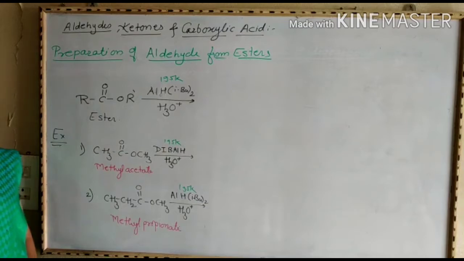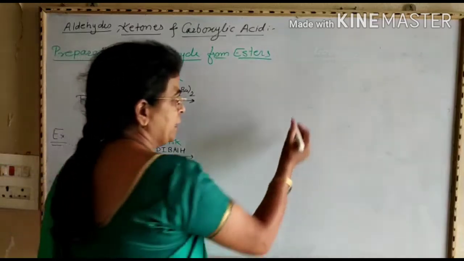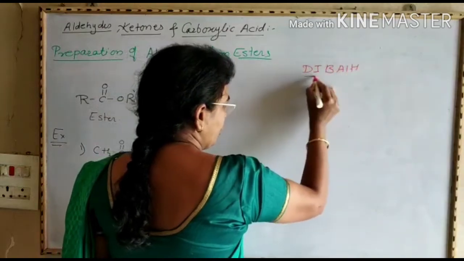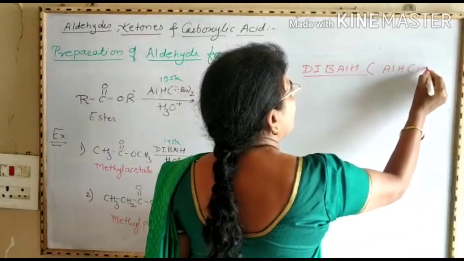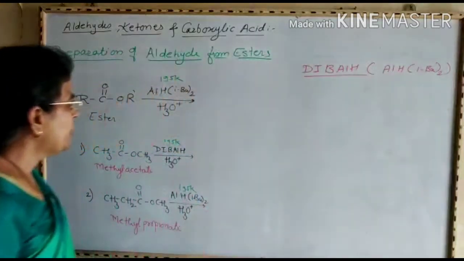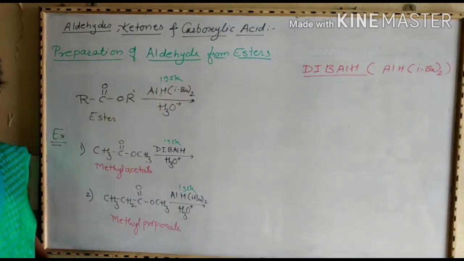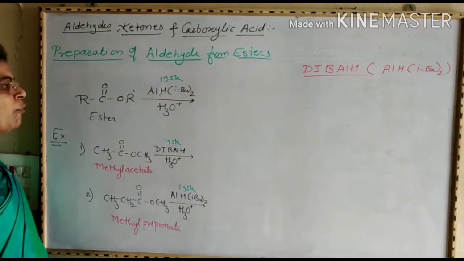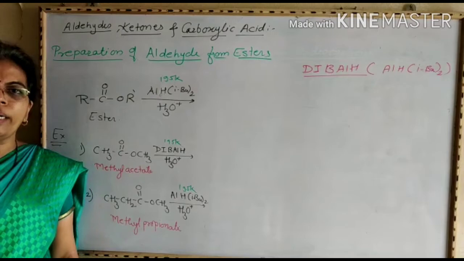When these esters undergo reduction in presence of diisobutyl aluminum hydride, that is DIBAL-H, or it can also be written as AlH(i-Bu)2, that is diisobutyl aluminum hydride, formation of aldehydes takes place. By using this method, we can prepare aliphatic as well as aromatic aldehydes.